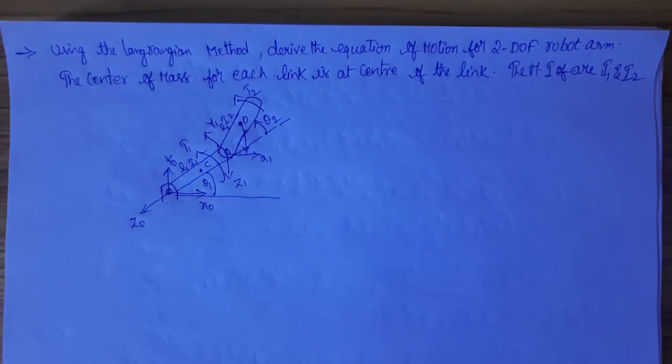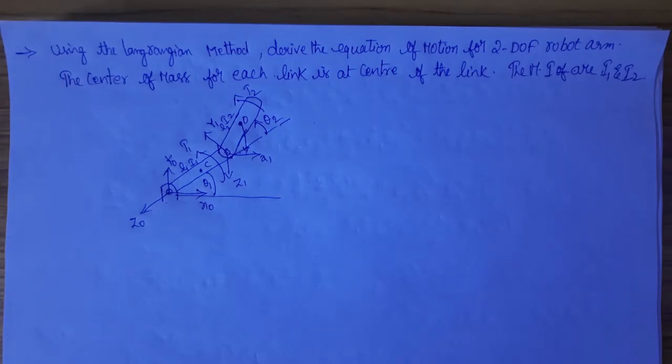The solution for this robot arm problem is similar to the solutions of the previous problems that we have done using uniformly distributed mass. However, in addition, there is a change in the coordinate frames, and the two links have distributed mass.